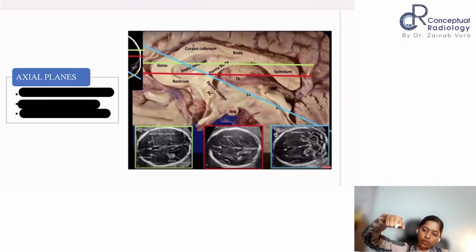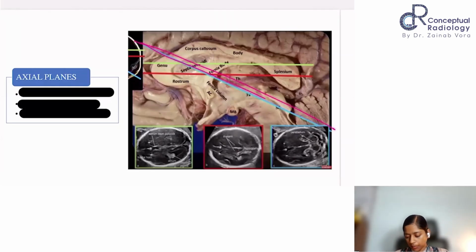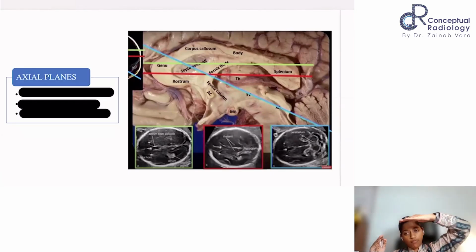And when you rotate your probe, you acquire another plane which is targeting my cerebellum, so transcerebellar. If the head is static and I'm acquiring the images, at the transventricular plane I go slightly below, I get transthalamic. And when you take it oblique, you go to the transcerebellar plane.